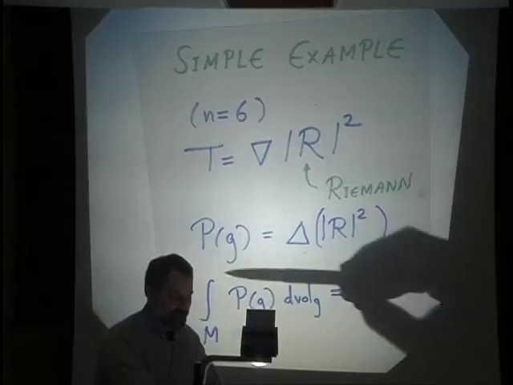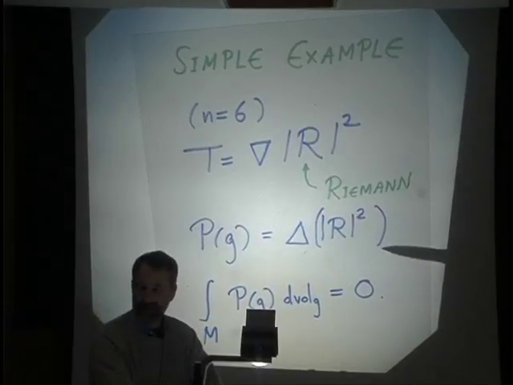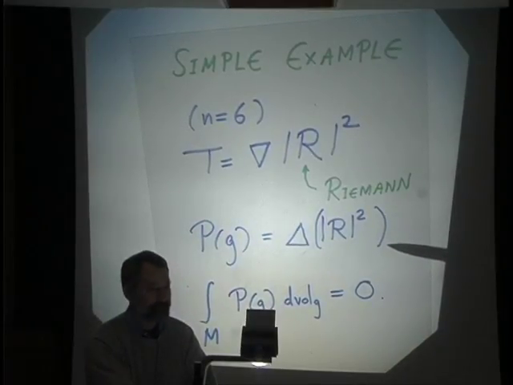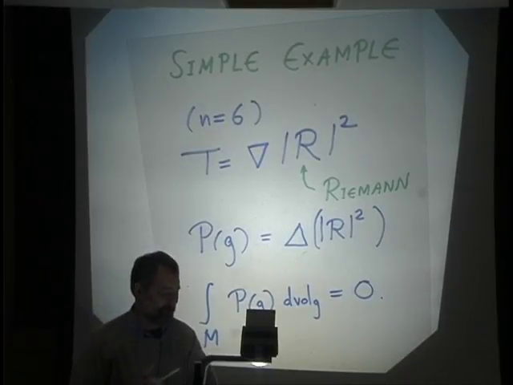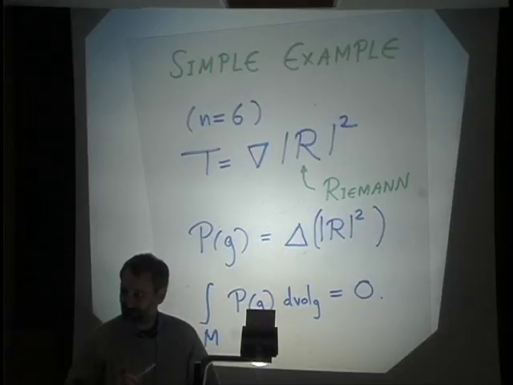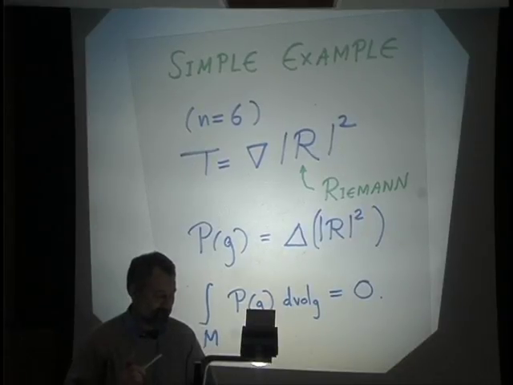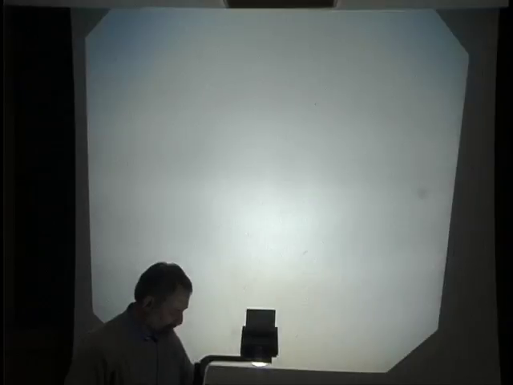So this is an example of the example of a conformal integral invariant. So far, we have two ways to produce conformal integral invariants: pointwise conformal invariants and exact divergences.